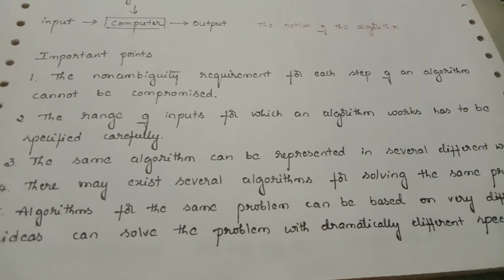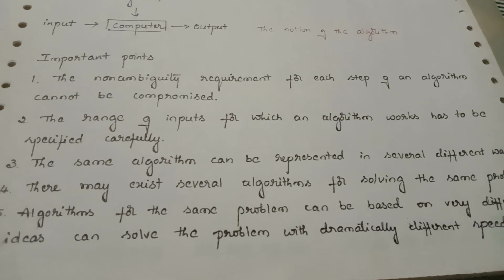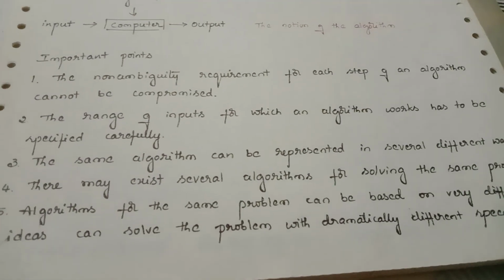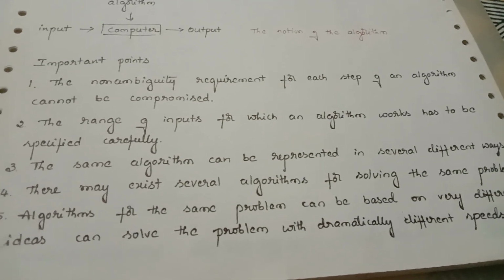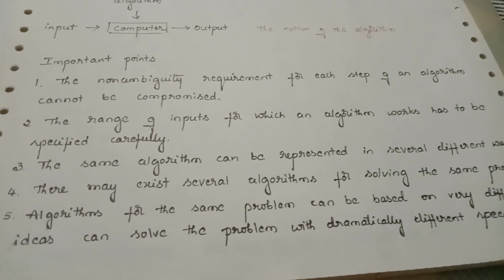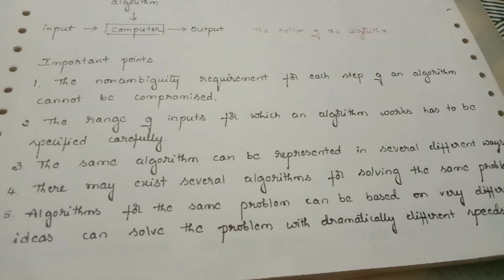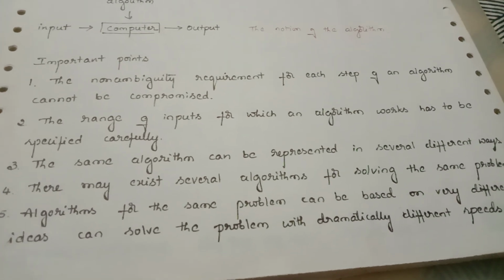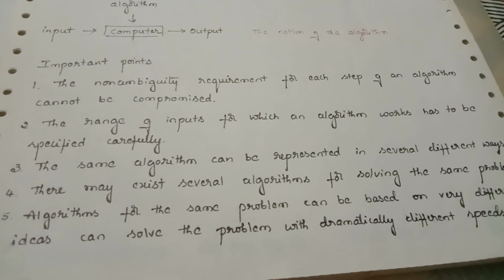The first point is that the non-ambiguity requirement for each step of an algorithm cannot be compromised. Each and every step, each and every instruction we write, should be non-ambiguous, that is, without any doubts. Each and every step should be clear-cut and should contribute to solving the problem.